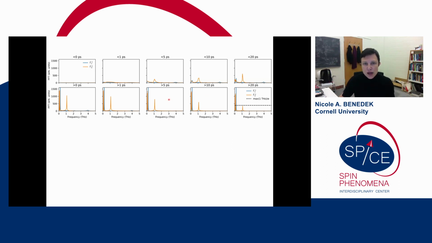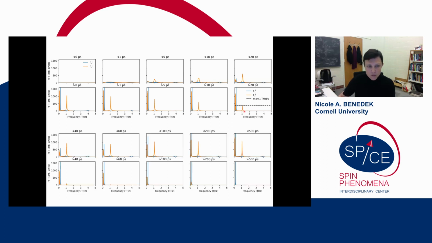Right, so those low frequency components of the Raman modes, they appear in the spectra by about 5-10 picoseconds. But by about 20 picoseconds, that 1.1 terahertz oscillation is starting to die away. And by 40 picoseconds, that oscillation has pretty much completely been damped out.